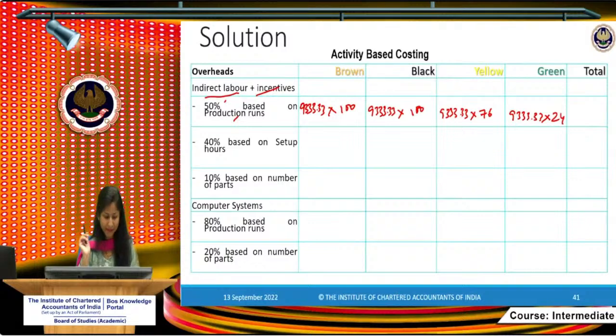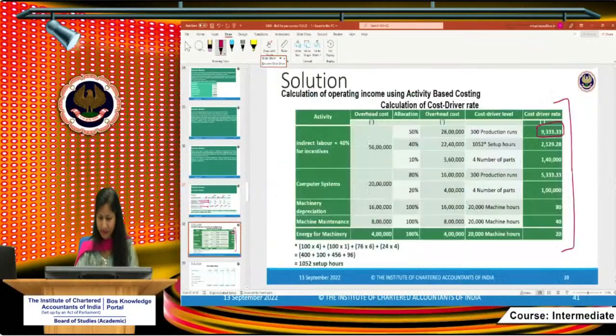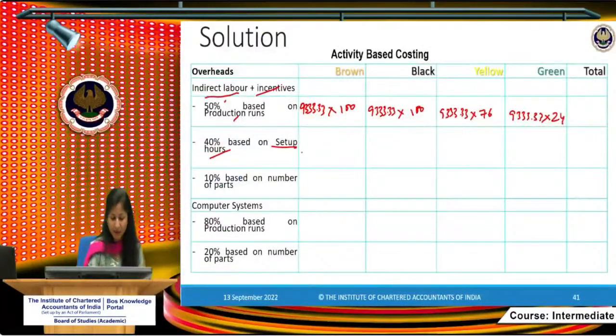Next, 40%, which was based on setup hours. What was the cost driver rate we calculated? It was here. For 40%, it was 2129.28.